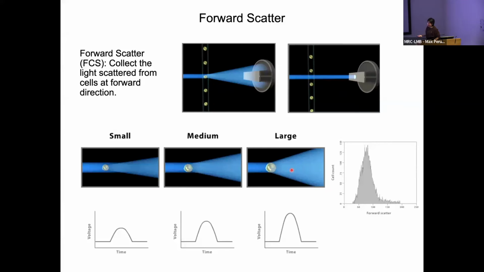However, if your cells are not uniform, you have to be careful because that might not directly measure your cell size. So the forward scatter gives you an idea of the cell size, but it is not the measured parameter for your cell size. So basically, you cannot report your cells are bigger or smaller just by looking at forward scatter.